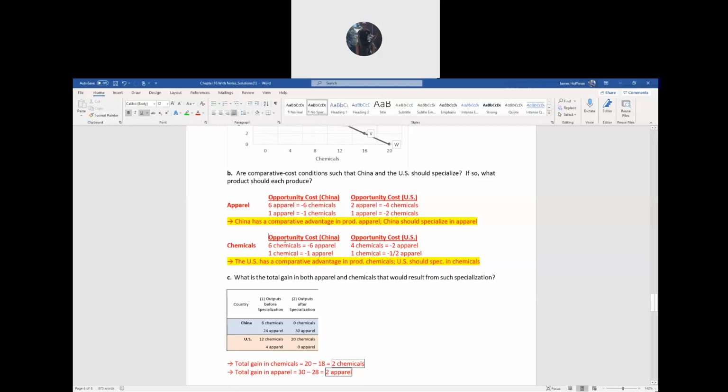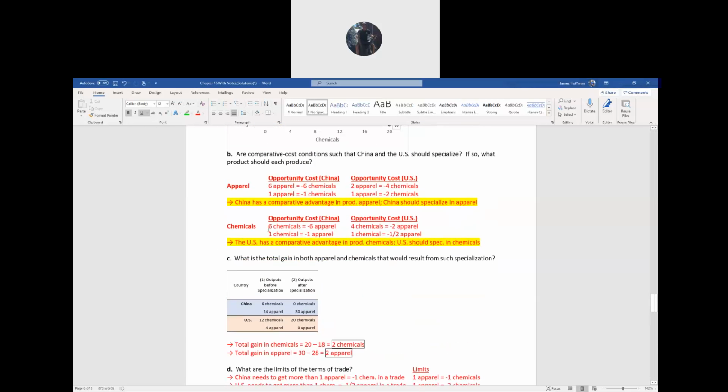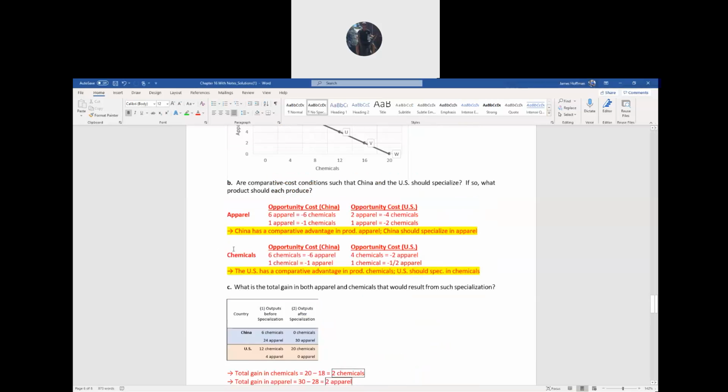Even if you figured out already who's going to specialize in what, you still want to determine the opportunity cost, because you need that for the limits of the trade in part D. All right, so we determined that it's 1 to 1 for the goods for China. Now, what about the U.S. for chemicals?